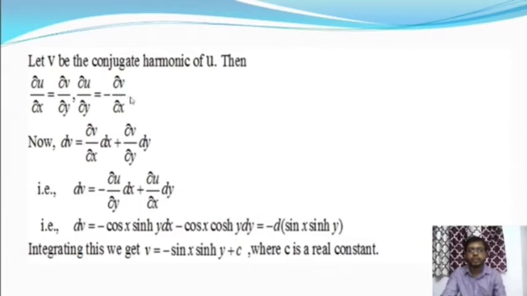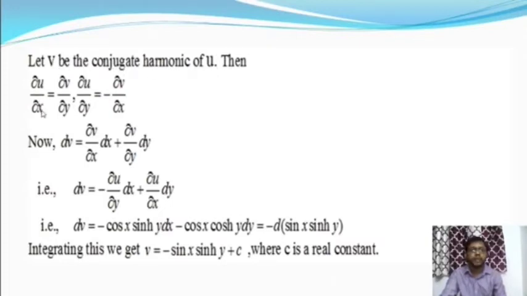I have mentioned this in the second lecture already. If the function is analytic, then the Cauchy-Riemann equations are satisfied. So let v be the conjugate harmonic of u.